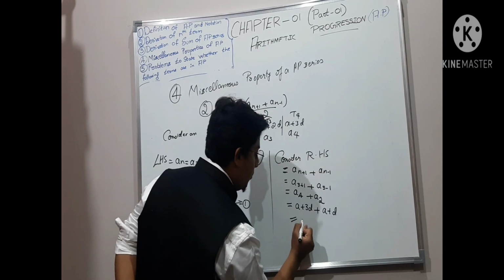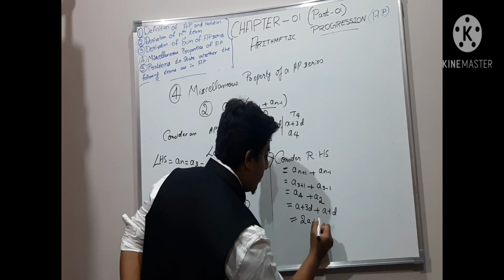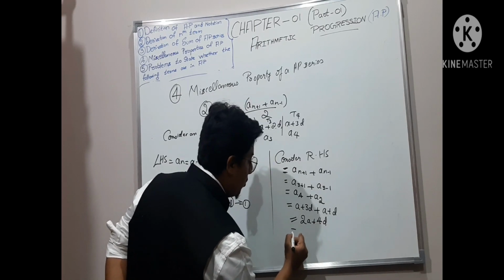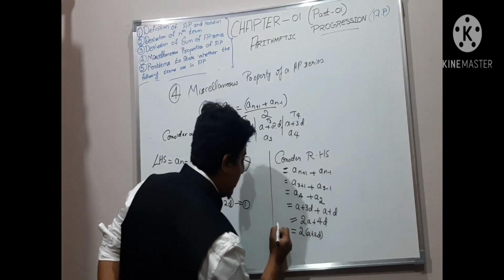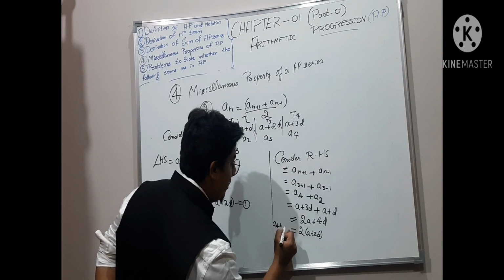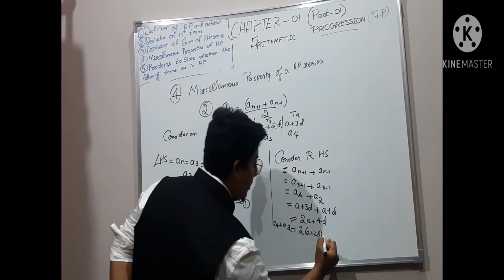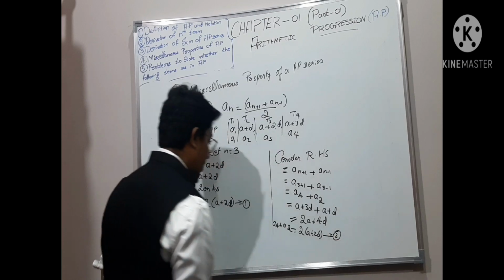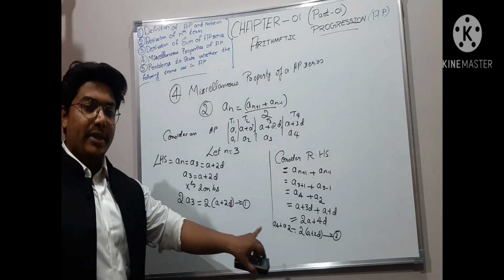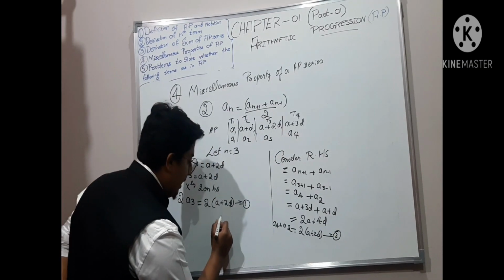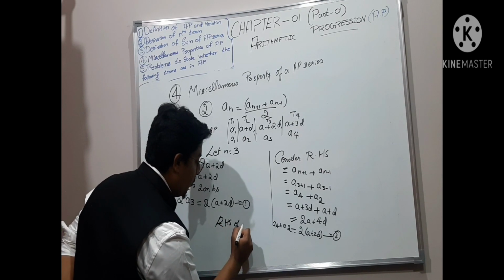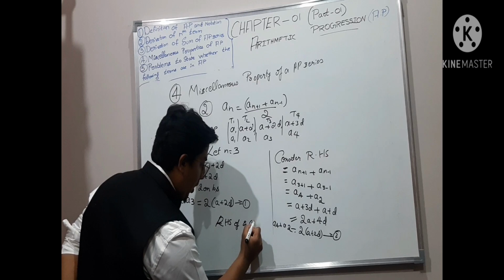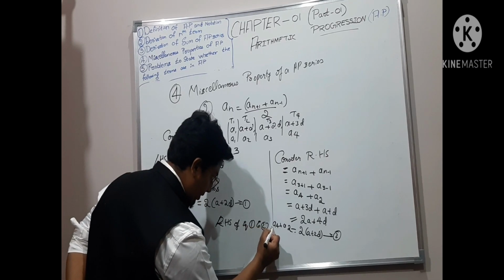This is equal to 2a plus 4d, where 2 is common, 2 times a plus 2d, which is nothing but a4 plus a2. This is equation 2. From equation 1 and equation 2, the RHS of equation 1 and 2 is the same.